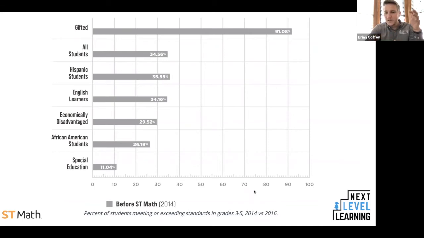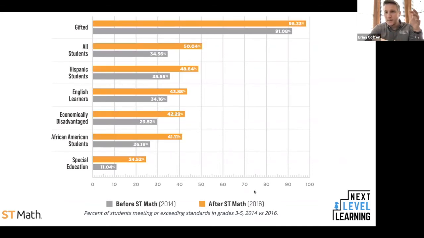What happens when we introduce ST Math? Check this out. In every subgroup category, students grew. Even in the gifted category, check this one out. Students grew to 98% achievement score. So that's a 7 percentage point increase. How about EL? We almost had a 10 percentage point increase in that achievement score.